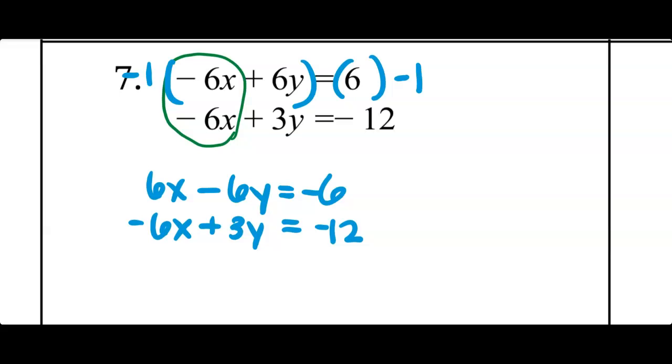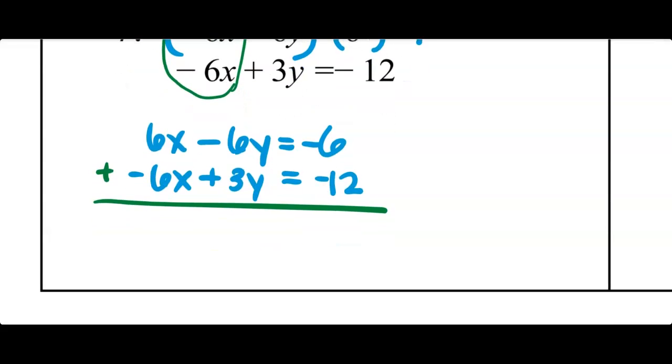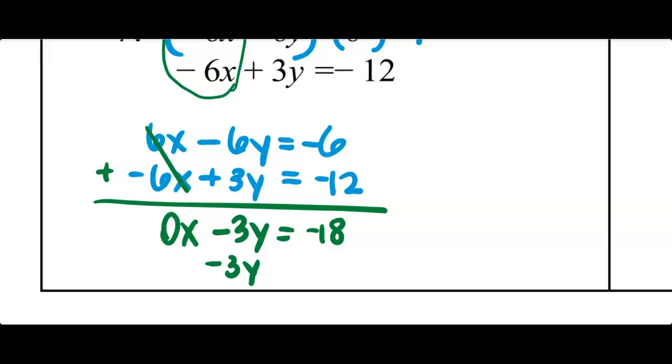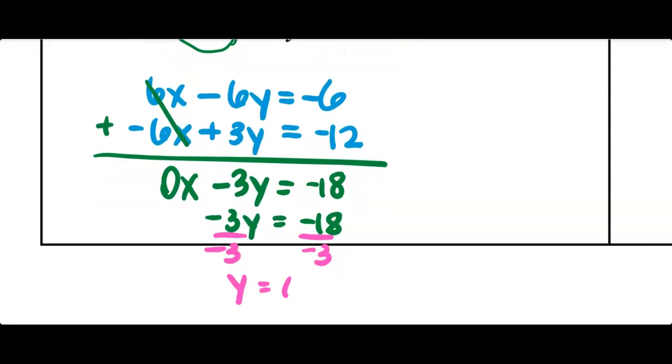I can then add my two equations together to see that my 6x plus -6x gives me that 0x, -6y plus 3y is -3y, and -6 plus -12 is -18. Again, that 0x can go away, leaving me with -3y equals -18. Dividing by -3 on both sides, I get that y is equal to 6.